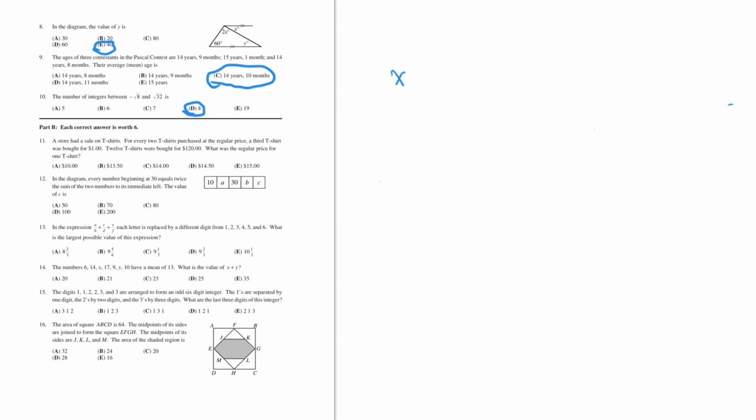So let x be the regular price. For every 2 t-shirts, when we buy them, 2x is the cost of 2 t-shirts. The third t-shirt costs $1. So the total for 3 t-shirts costs 2x plus 1.